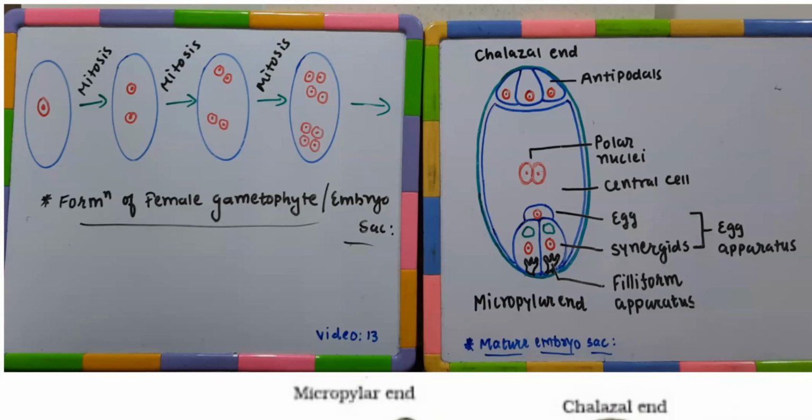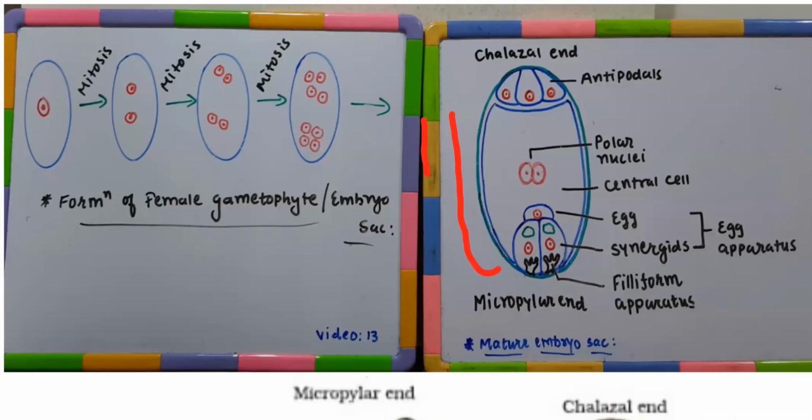The function of the filiform apparatus, somebody asked, is to guide the pollen tube to enter inside the embryo sac via synergid. The pollen tube is attracted by the filiform apparatus, so the pollen tube will grow towards it.